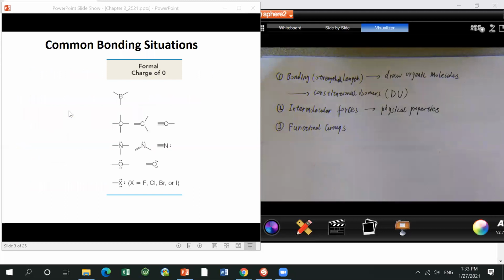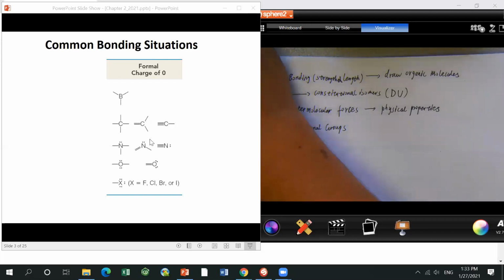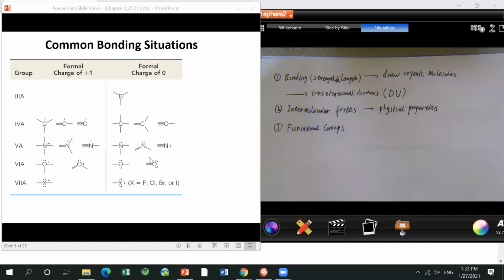In chapter 1, we learned that for different atoms in the neutral condition, where formal charge is 0, there are specific bond numbers: carbon has 4 bonds, nitrogen has 3 bonds, oxygen has 2 bonds, and hydrogen has 1 bond. But if the atom is not neutral, with a positive or negative charge, the bond number may change.